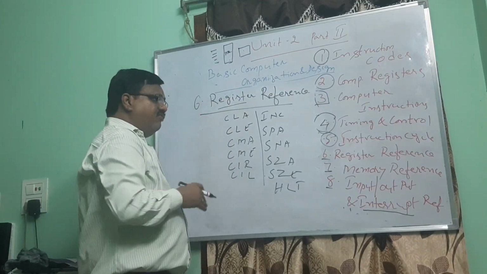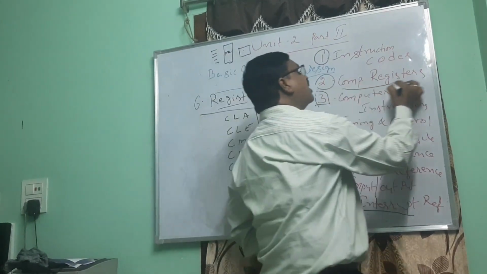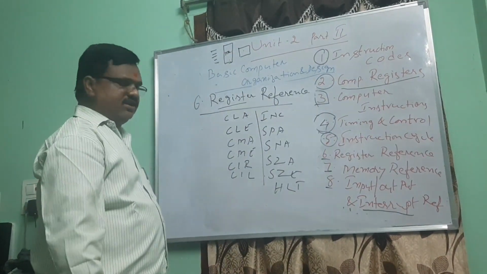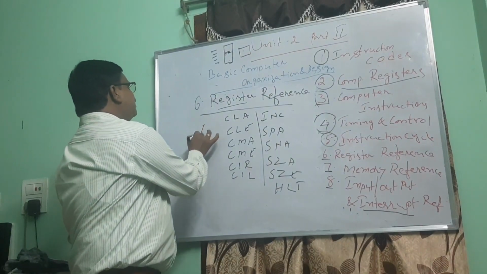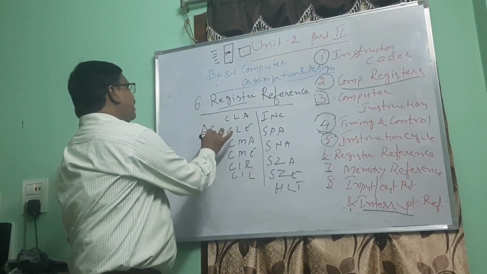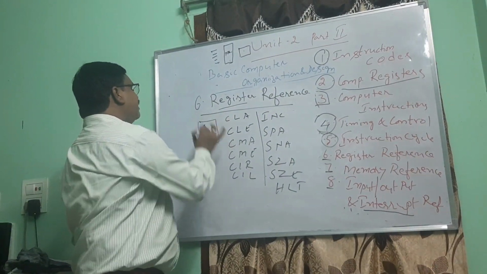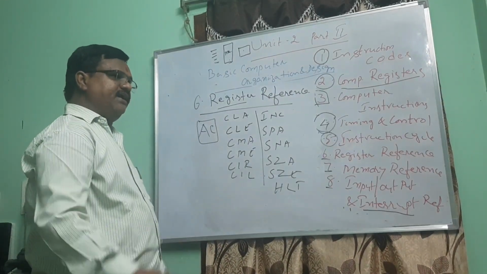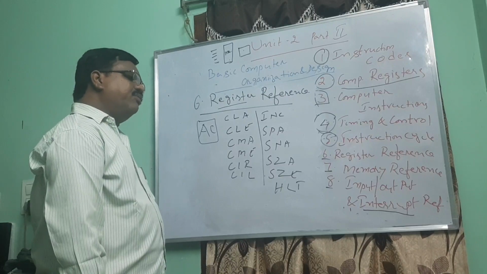Remember, when we discussed the computer registers, there are 8 types of computer registers listed out. Out of which there is one register called AC. AC stands for accumulator.